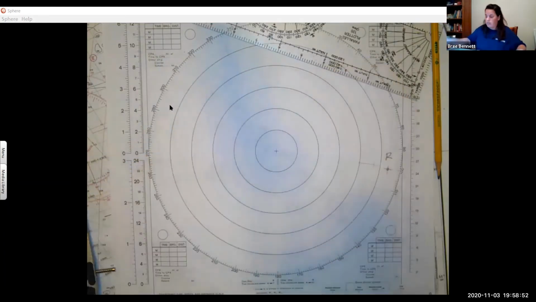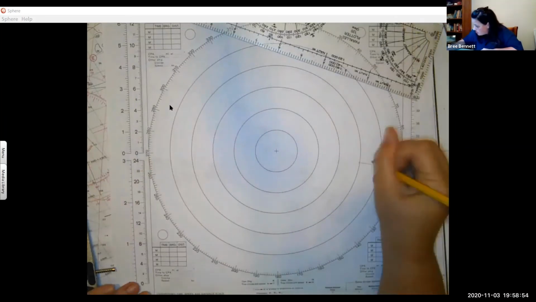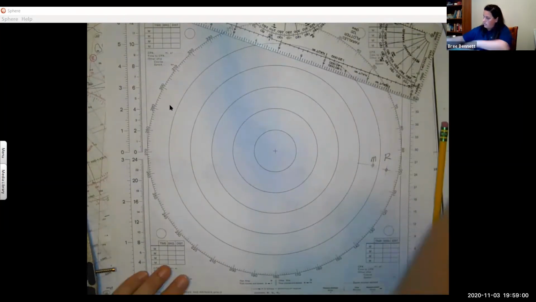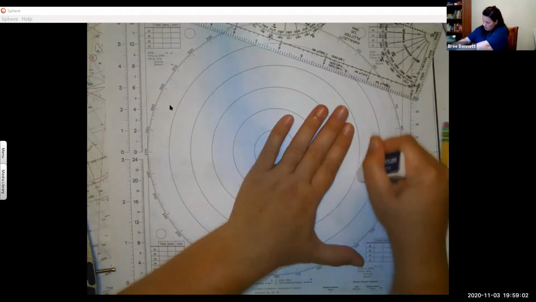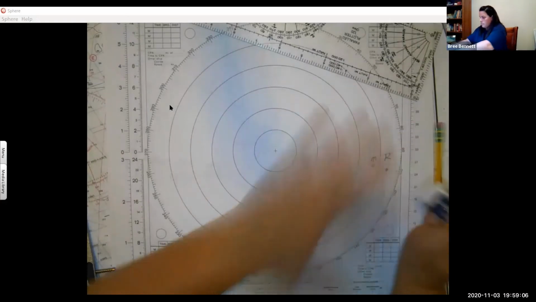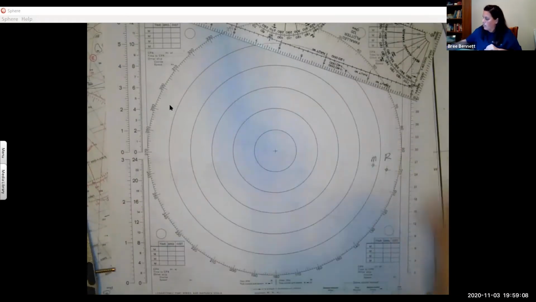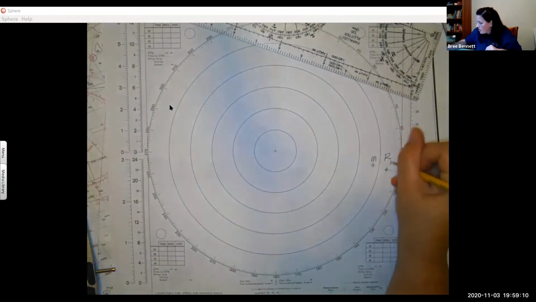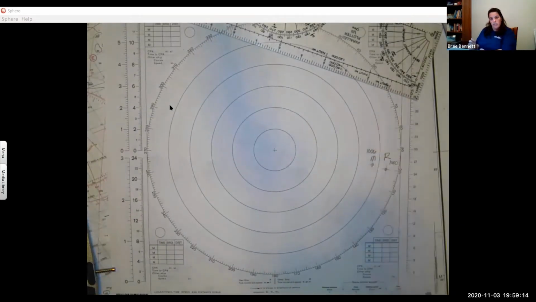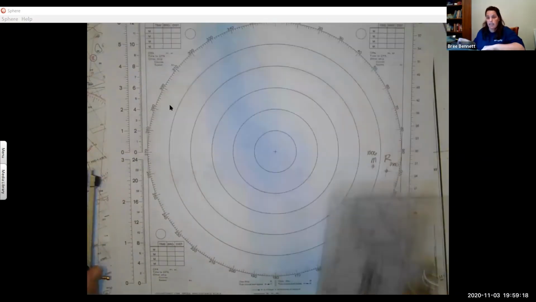M. Clean up a little bit. Okay, so this was at 10 o'clock and this was at 10:06. So we have an R and an M. Now we connect those lines.